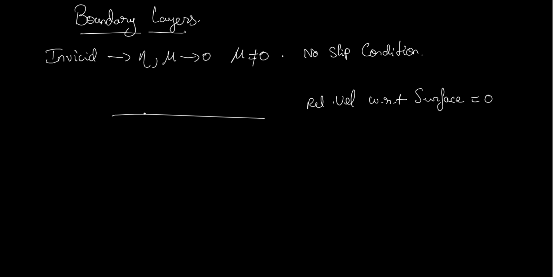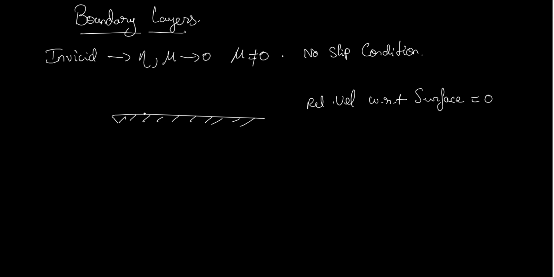So this no slip condition creates a lot of other troubles here. So let's quickly look at what happens. If the relative velocity of the flow with respect to the surface is zero, let's assume this is the surface, this is a flat plate. Flat plates are easier to analyze for boundary layers, and that is the reason why we use flat plates for the analysis.